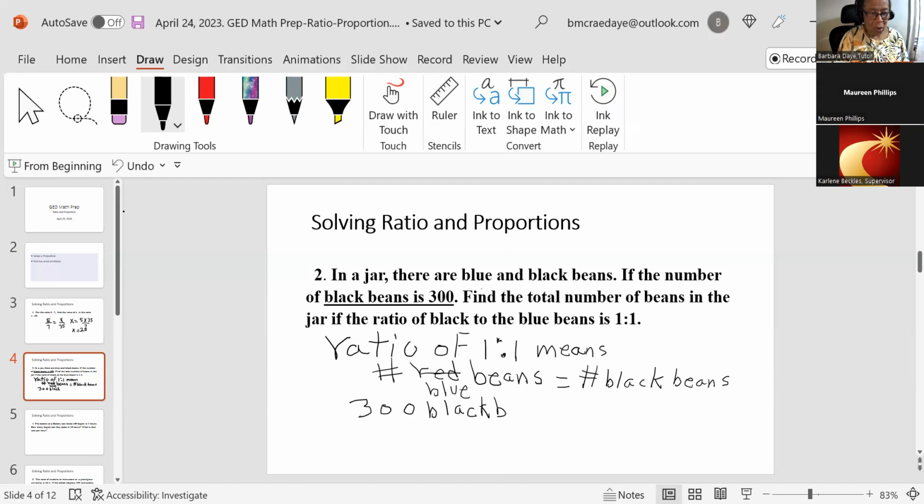So 300 black beans, 300 blue beans. And the total is the total of the black plus the blue.